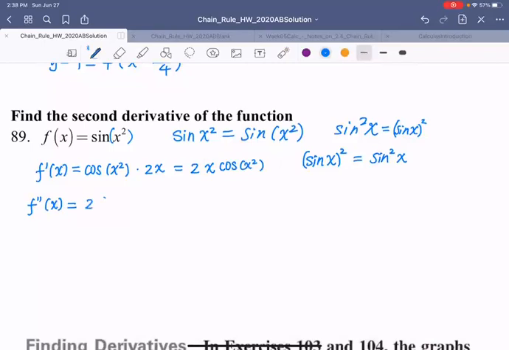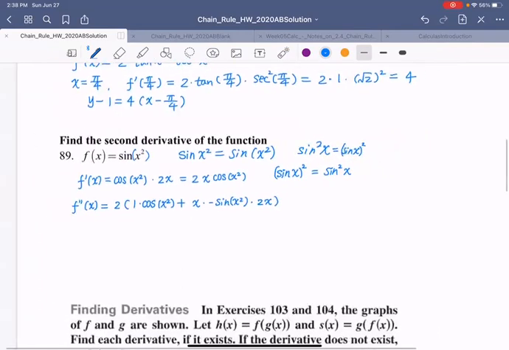Let's put 2 out, and then we do the product rule. x regularly is just 1, and then times the cosine. Plus, you do x, times negative sine x squared, and times you gotta do the inside of x, so it'll just be 2x. That's it, okay?